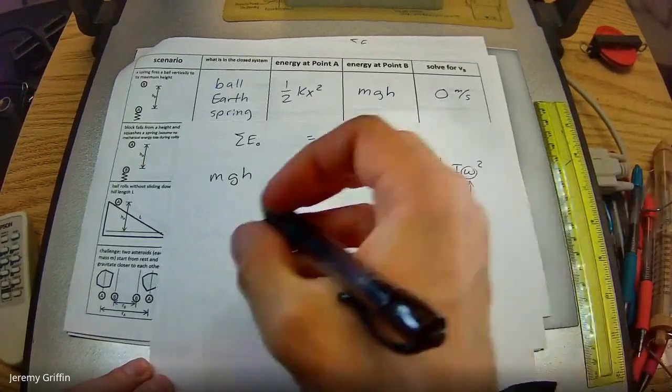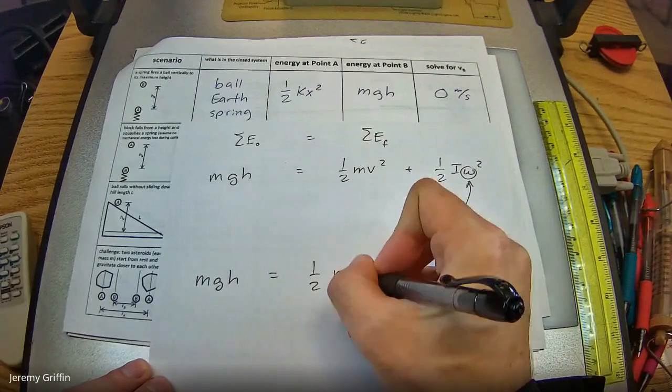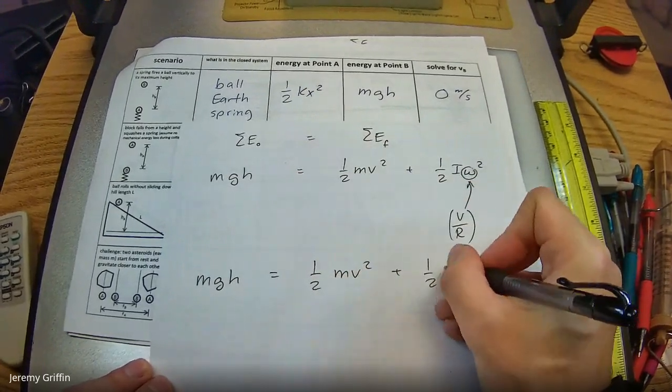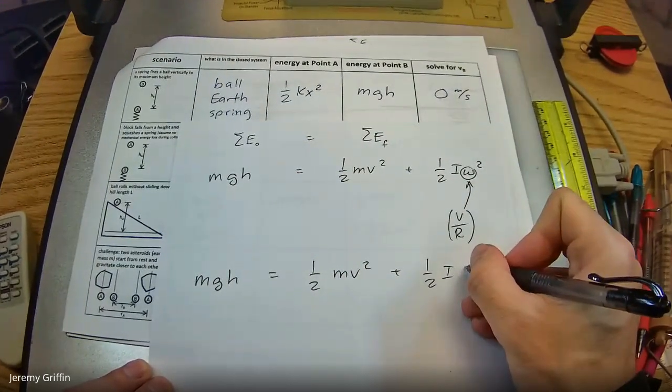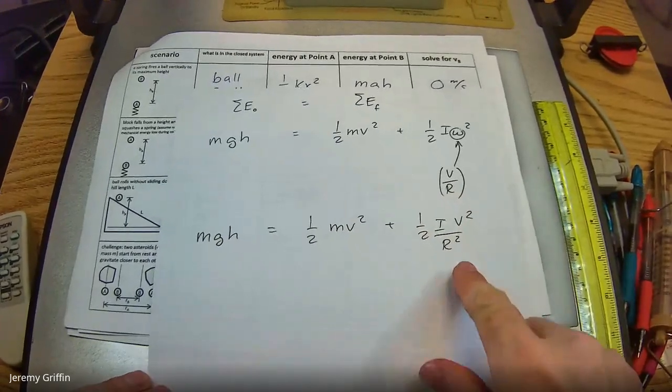So once you sub that in, mgh equals 1/2 mv squared plus 1/2 I, and it ends up being v squared over r squared.